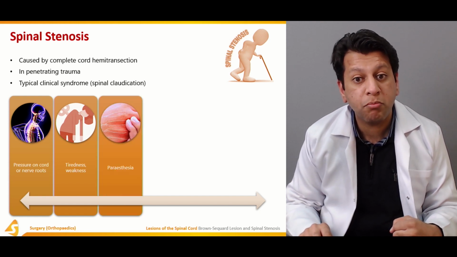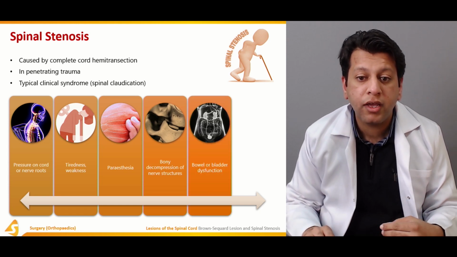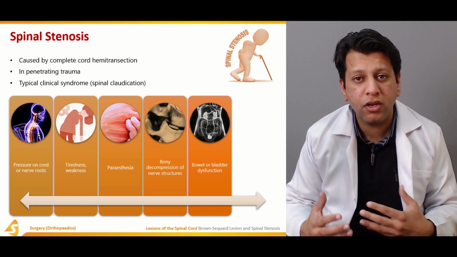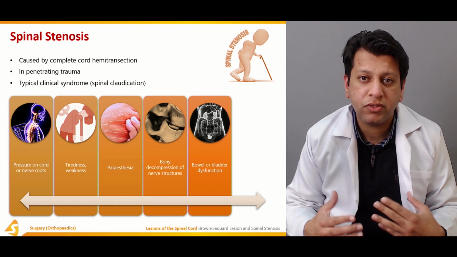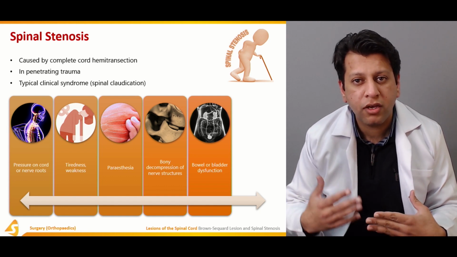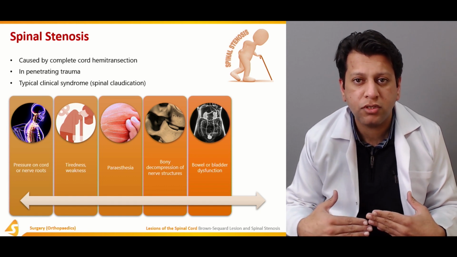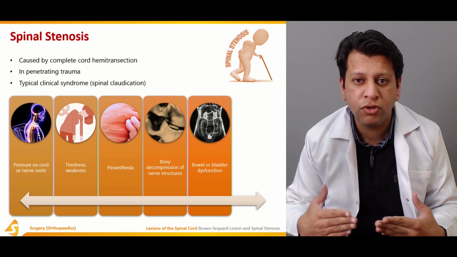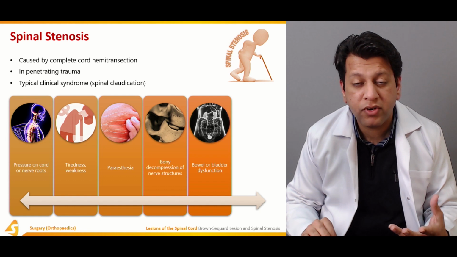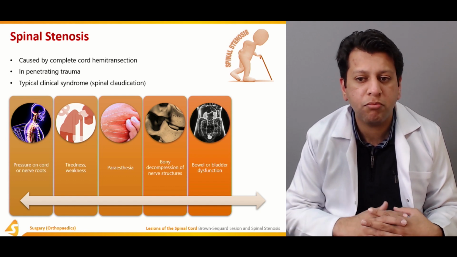There may be associated paresthesias or numbness depending upon which root is involved, and there may be bony compression of nerve structures, because in old age with advanced osteoporosis, osteoporotic compression fractures usually occur, in which the vertebra impinges on the nerve, leading to decreased spinal canal volume and compression. If it's in the lumbar region, this may be associated with cauda equina syndrome, leading to bowel and bladder dysfunction.